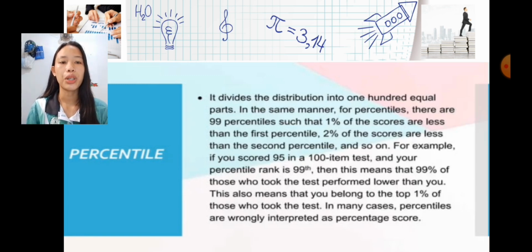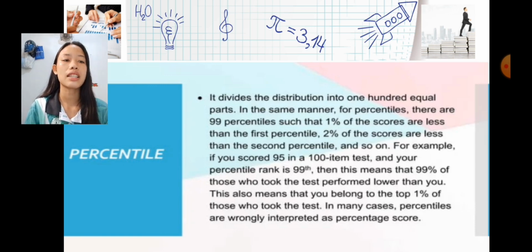For example, if you scored 95 in a 100-item test and your percentile rank is 99, this means that 99% of those who took the test performed lower than you. This also means that you belong to the top 1% of those who took the test.